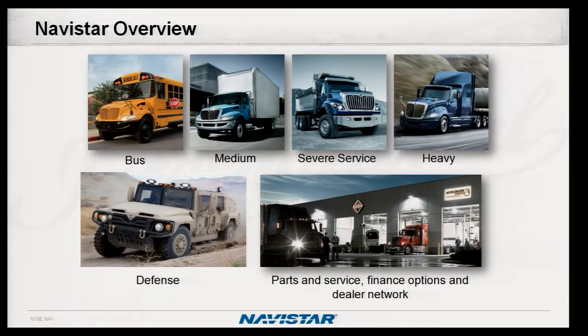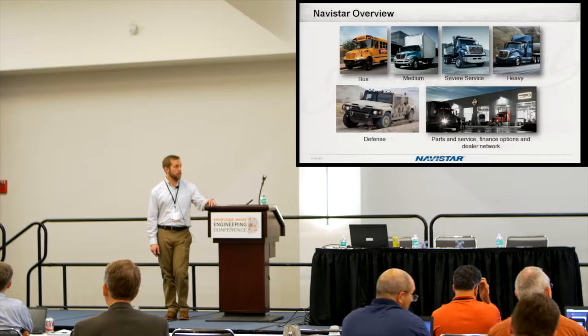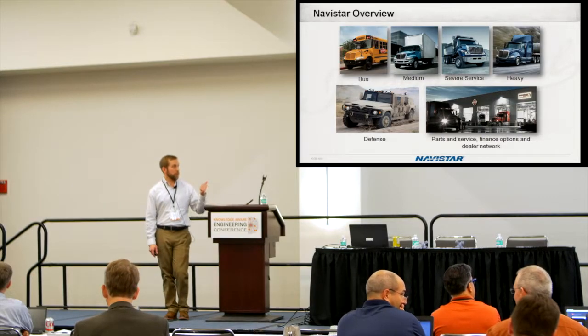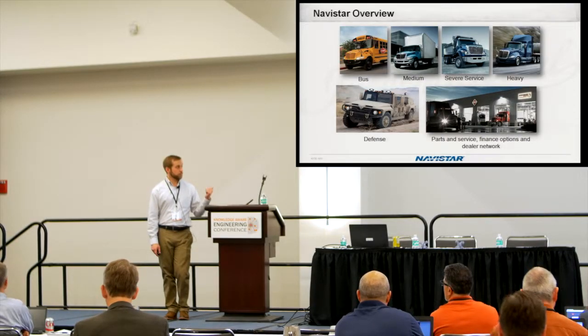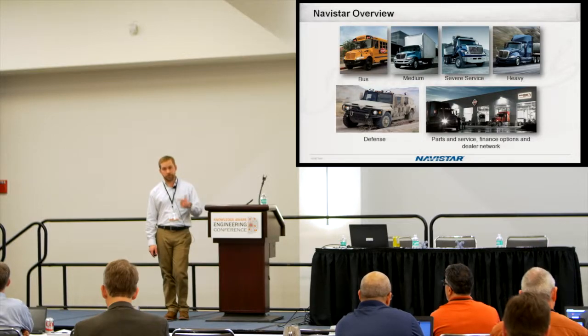Having been at this conference a few times in the past, I won't belabor all of this, but if you're not familiar with Navistar, basically we're a heavy truck and engine OEM, based out of Lisle, Illinois, outside of Chicago. We make our own trucks, buses, military vehicles, and engines.